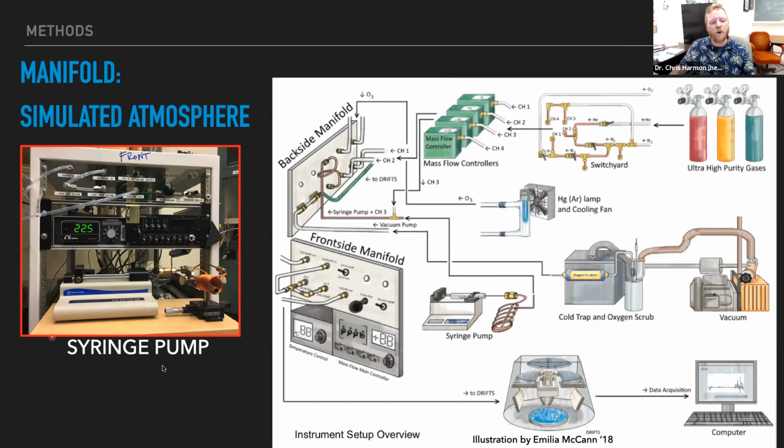So what I want to point out here is this syringe pump. So this is the novel way that we're introducing organics into the gas phase. This is a typical syringe pump that you can load. We load a gas tight syringe, and it goes into a GC septum at the end of this T right here. And we program the syringe pump to pump organics at a known flow rate in microliters per hour.